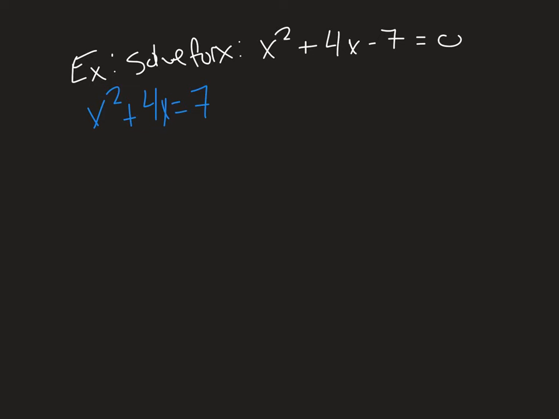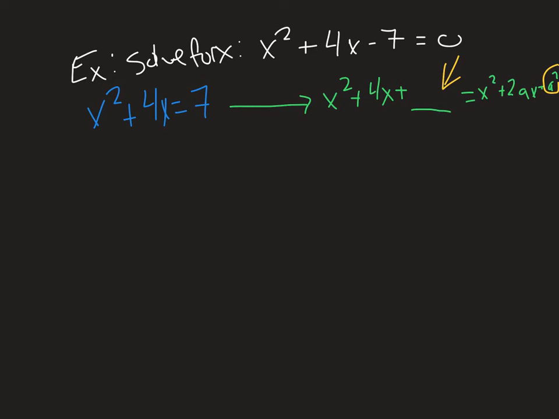And now at this point, I'm going to go off to the side a little bit. I'm going to think, okay, x squared plus 4x plus something equals x squared plus 2ax plus a squared. Now what I really want to find is this a squared. I want to figure out what this is.